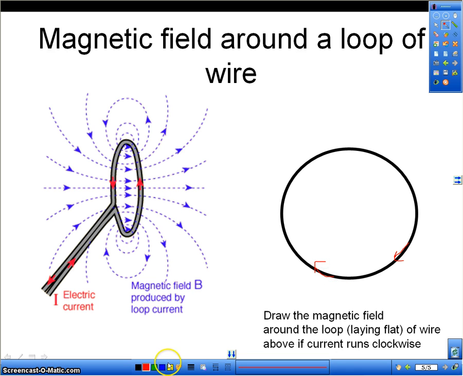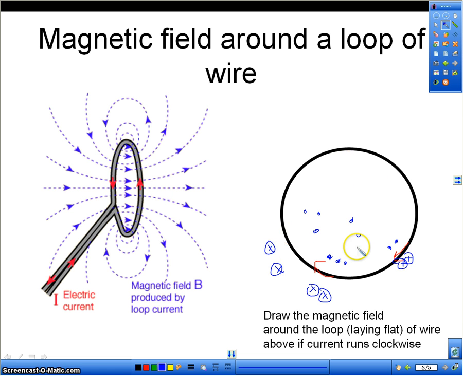And if I put my thumbs in that direction, my fingers point in on the inside of the loop, and they come out of the page on the outside of the loop. And the same thing here, in on the inside of the loop, and out of the page on the outside of the loop. So that means that the magnetic field for this loop would be in at all places on the inside of the loop, and it would be coming out on the outside of the loop.